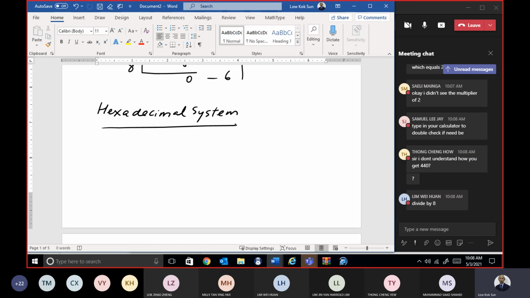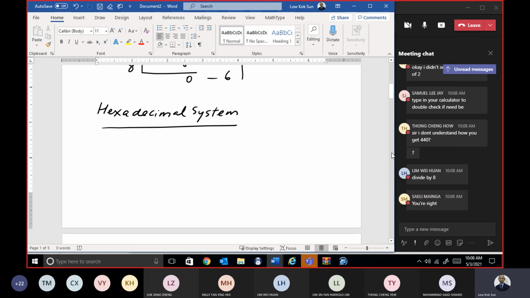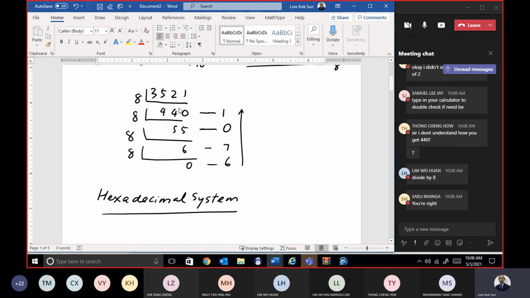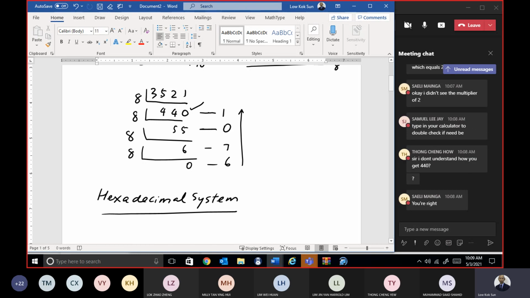Tong Ching How asked how you got 440. Let me see. Okay, look here. I divide. Start with 3. 3 cannot divide, so I get 35. Divide by 8, I got 4. 4 times 8 is 32 only, so I got 3 left. So 3 together with 2 is 32. I divide 32 by 8, I get 4 again.